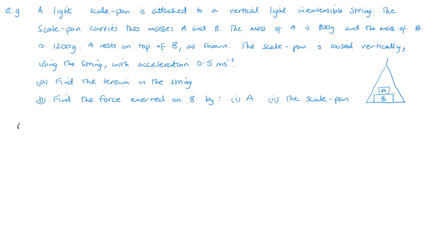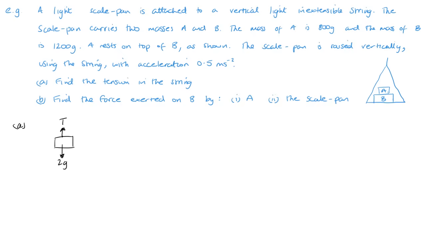So for part A, I'm going to deal with this as a whole system. Going down, we've got 800 and 1200 grams, so that's 2000 grams or 2 kilograms. So 2g going down.